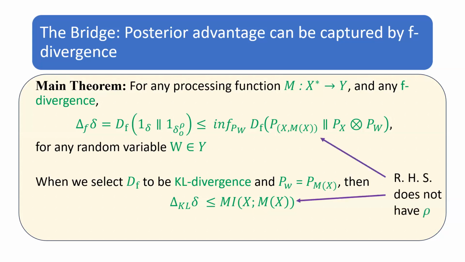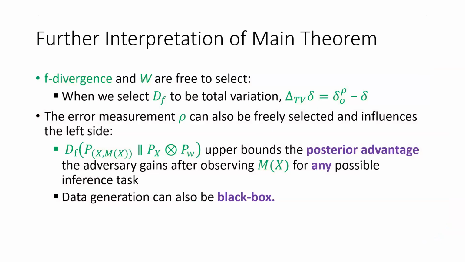There are several remarks here. First, the right-hand side is independent of rho. This suggests that the selection of your inference task only influences the left-hand side, what the optimal a priori success will be. Also, if we select the f-divergence to be total variation, this just reduces to the standard posterior advantage, the difference between delta O and delta.